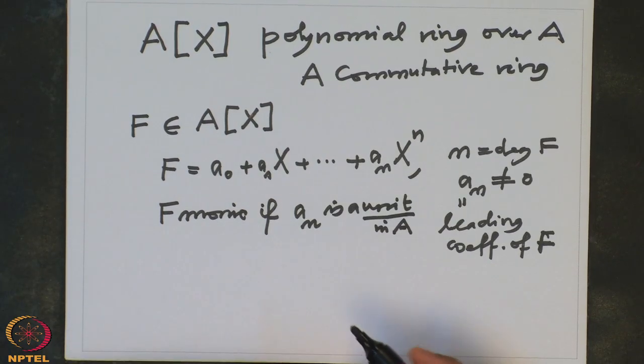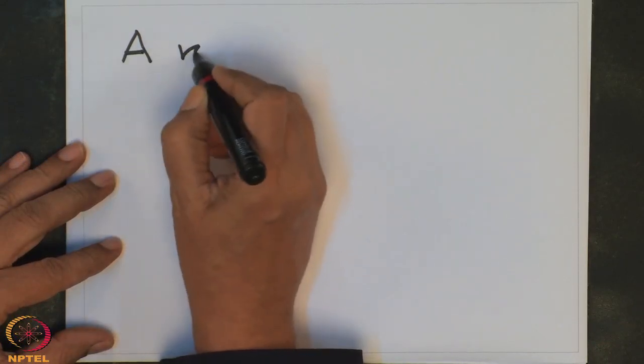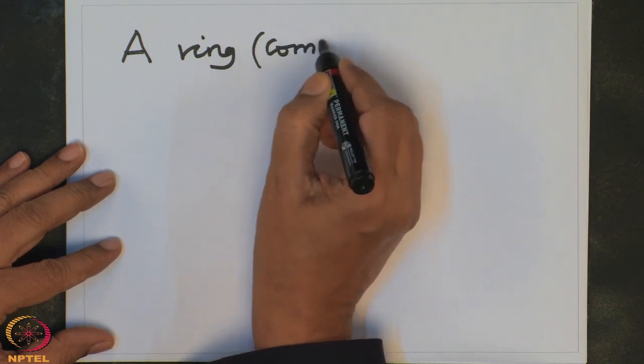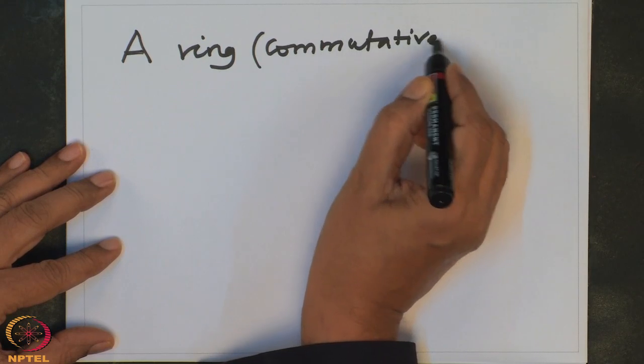facts about this. In general, we will need this later also, so I would prefer that we get acquainted from the beginning. So whenever I have a ring A, remember a ring for us is always commutative. So I will not keep saying it; all throughout this course we will only consider commutative rings.